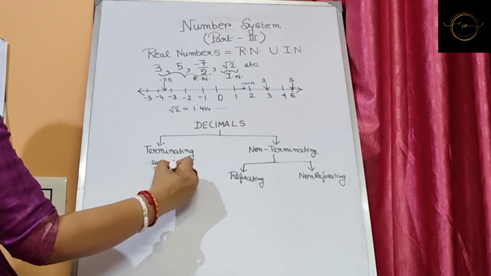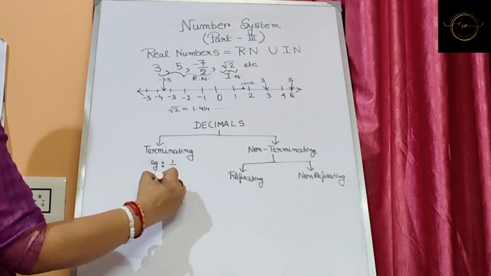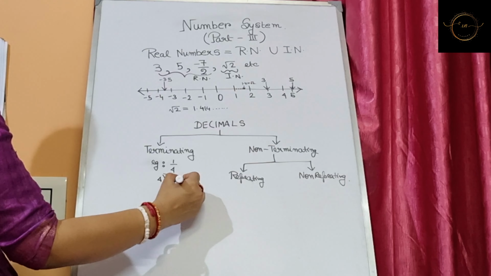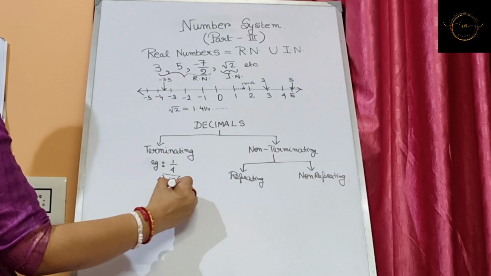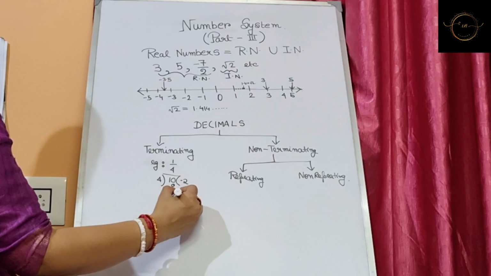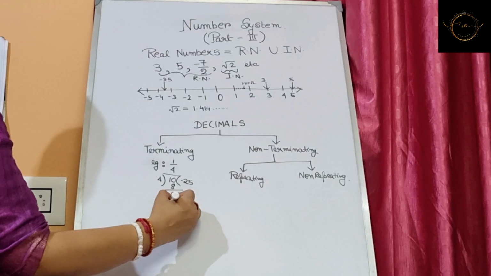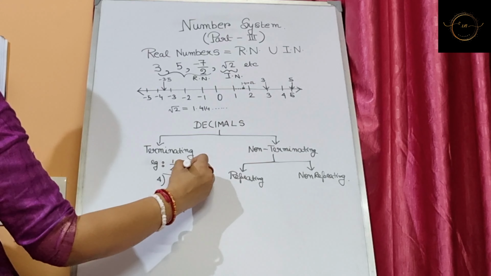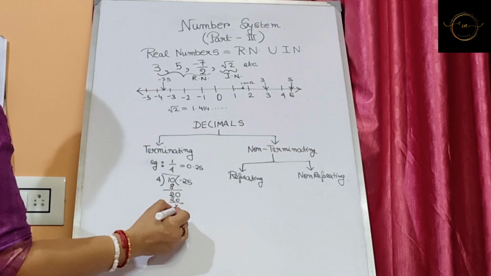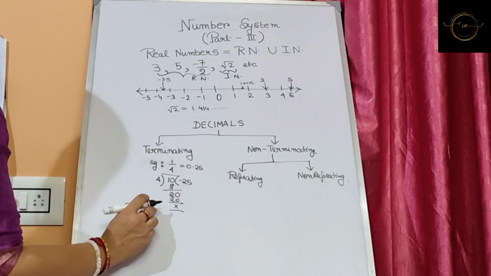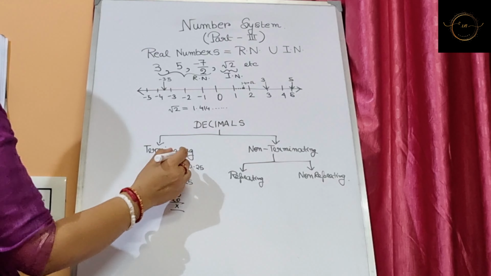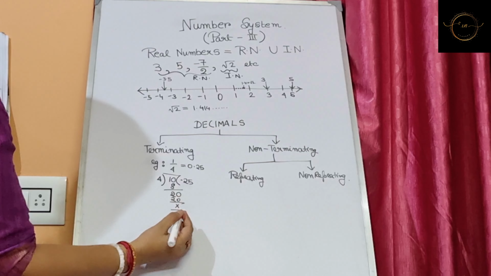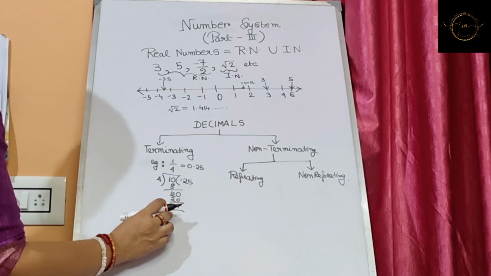For example, if I take 1 by 4 and divide 1 by 4, it will be 0.25. As you can see, after 2 places of decimal the remainder is 0. That type of number which terminates after certain places of decimal is termed a terminating decimal.